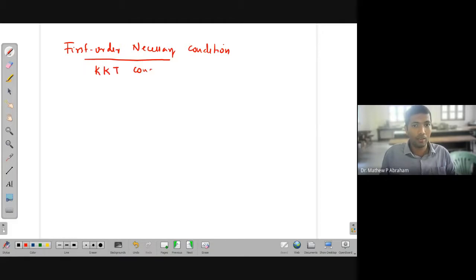If you look at any journal paper or conference paper, any research paper which involves an optimization problem, you cannot write that paper without mentioning this name. That much important is this first order necessary condition. This condition is called the KKT condition. KKT is actually the name of the scientists Karush, Kuhn and Tucker.